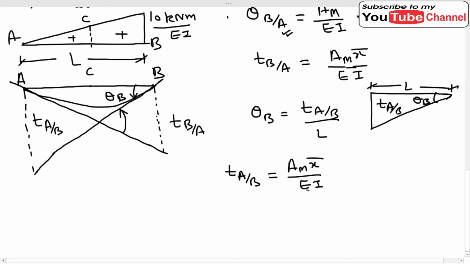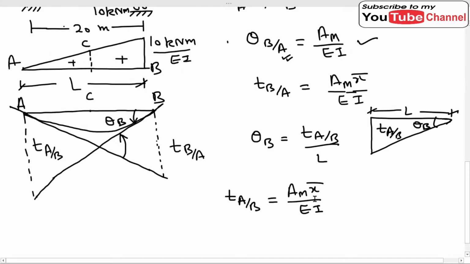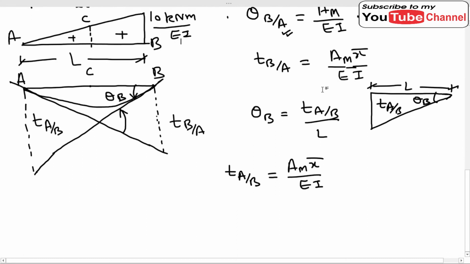So what is the value of AM, area of bending moment diagram, and which area we will take? We are taking the whole span from A to B, so we have to take the whole area of the bending moment diagram, which will be equal to 1 by 2 into the whole length of the beam, which is 20 meter, times 10 upon EI.